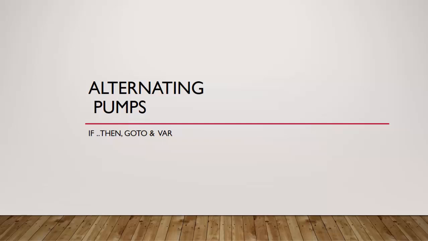The variable could be any letter, but I chose P. And if one pump is on, we'll change that variable so that the next time we get to the conditional statement, which looks at the value of the variable, the next pump will be determined.